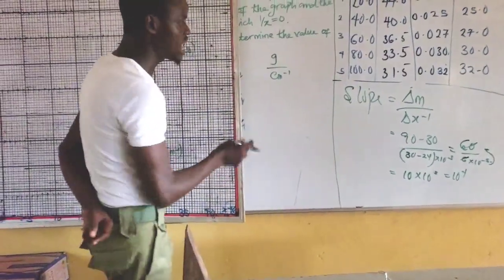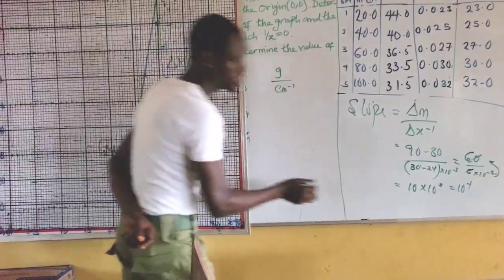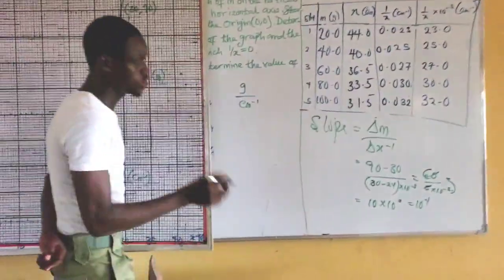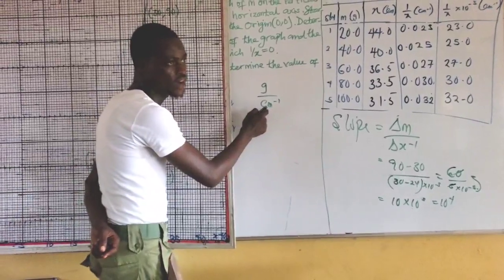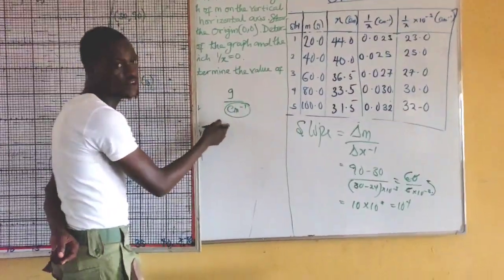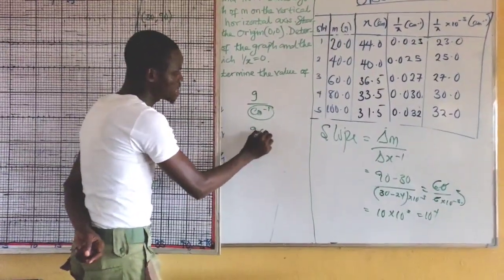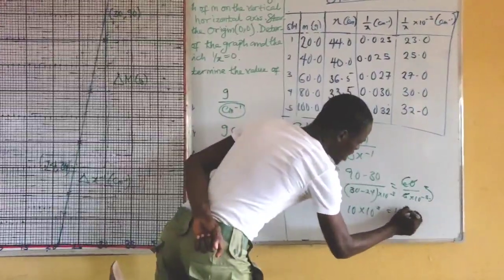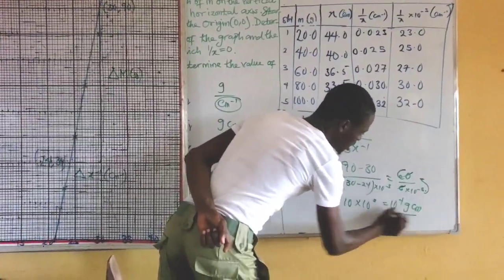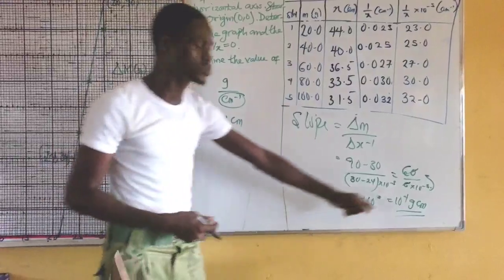So from here, I should be having the unit of this, which is 10 raised to the power 4. The unit should now be gram over centimeter inverse, so in converting the centimeter inverse, you'll be having gram centimeter. You can return this gram back to kilogram.